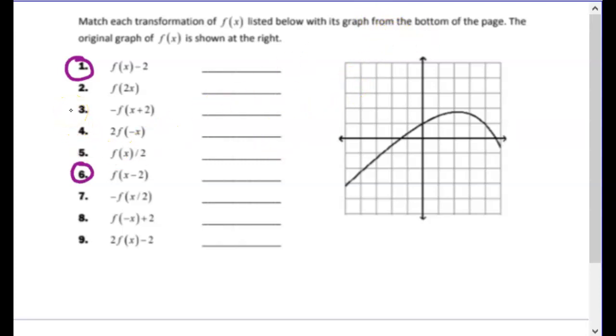Number 3 isn't awful. What are the 2 things going on in number 3? What's a plus 2 do inside? Left 2, and the negative on the outside would be upside down. Yes.